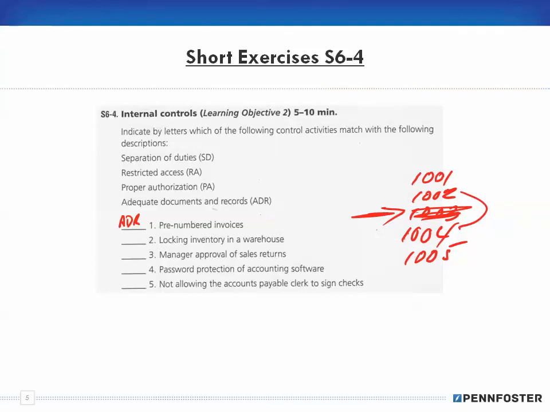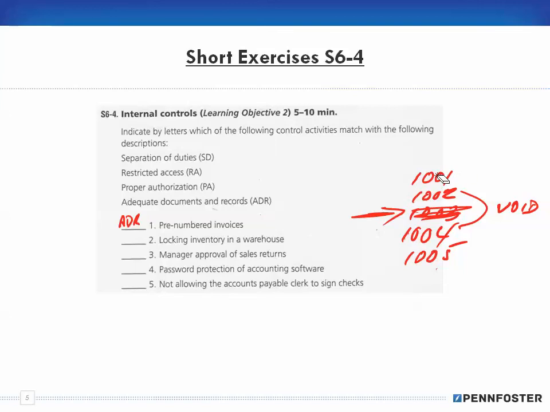If these were checks and number 3, you void it, as long as you have that check and it's voided, you know that it falls in sequence. But what happens if you're missing check number 1003 and it wasn't voided? Somebody else could have written a check for that amount. It hits your bank, you're overdrawn. The bank then starts charging you more money, and you still have to cover the check.